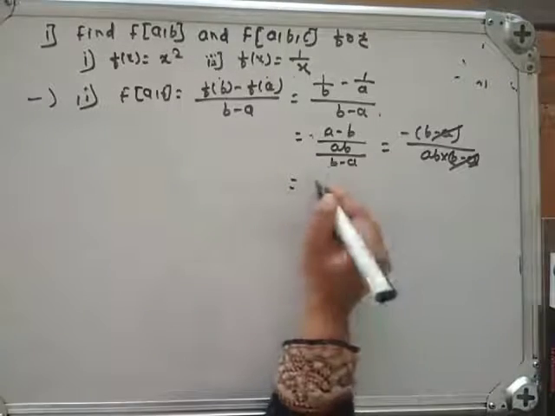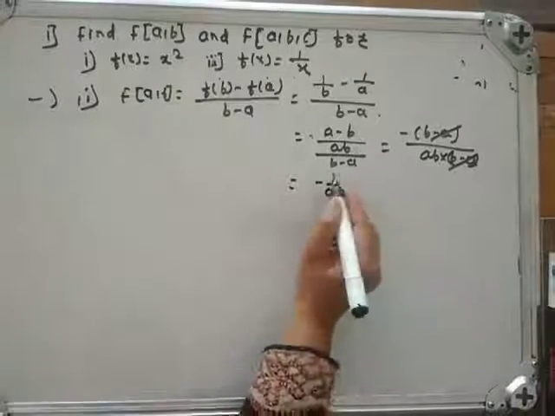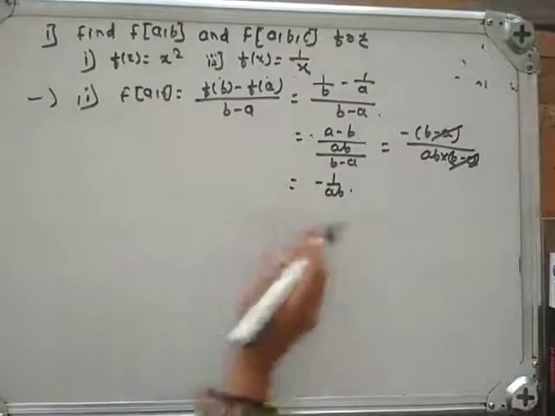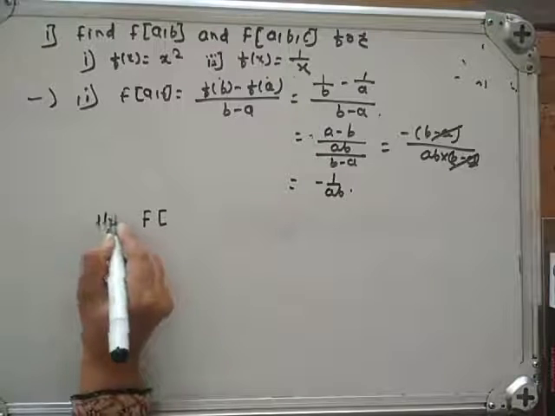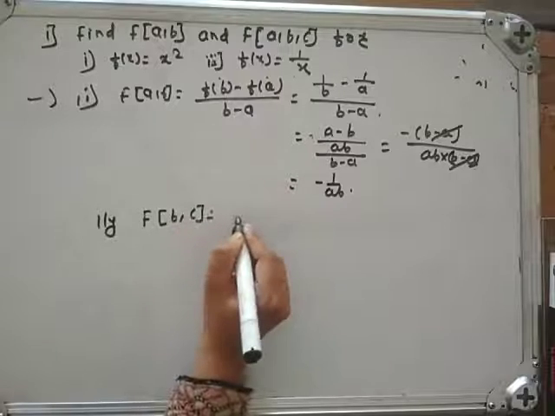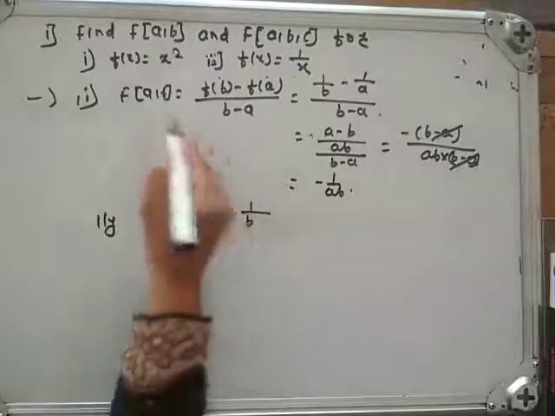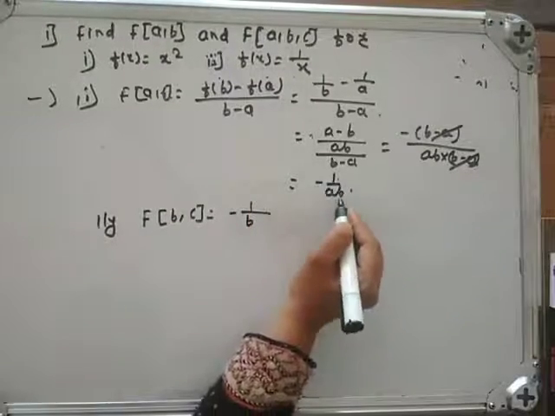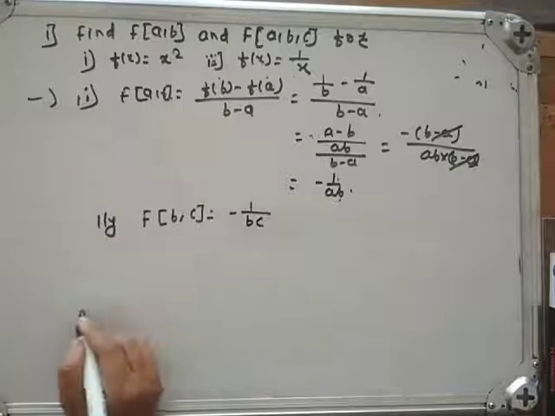So here we get minus 1 upon AB. Next, similarly calculate f of B comma C, which is minus 1 upon BC.